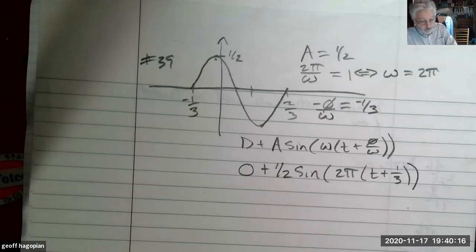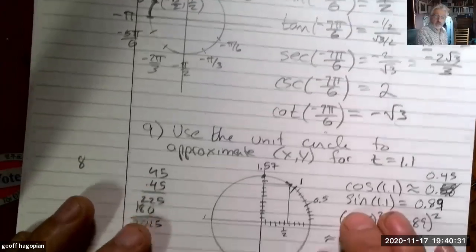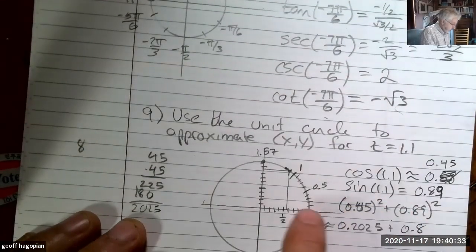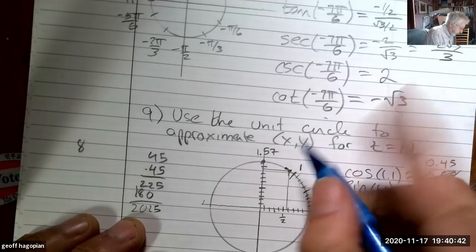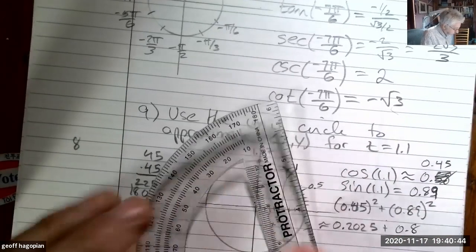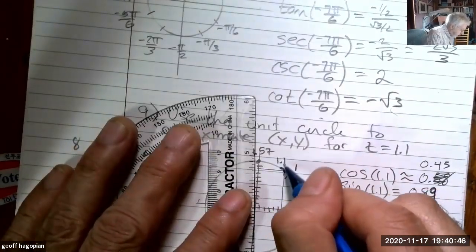How did I get the cosine? Yeah, so let's go back to that. So the cosine of 1.1. I said go distance 1.1 around the circumference of the circle and look to see what's the x-coordinate there. And apparently I did this not very well. It turns out 1.1 is actually closer to up here.